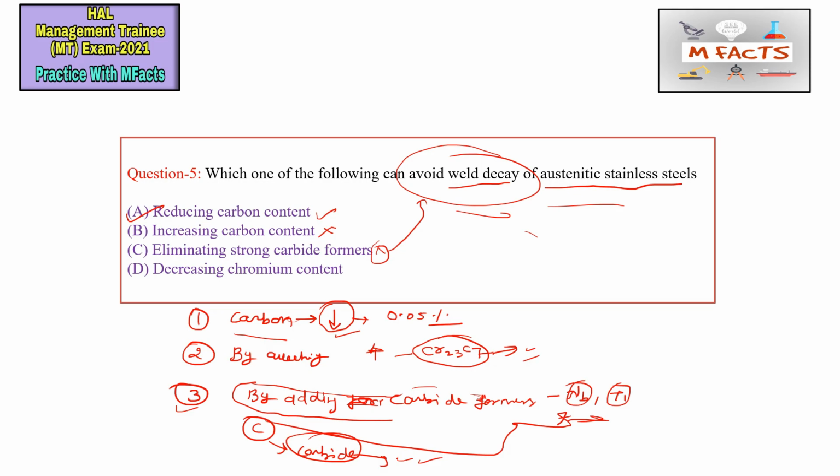Decreasing chromium content is also not correct, as we cannot decrease the chromium content in stainless steel below a certain level. So the correct option is A: reducing the carbon content can avoid weld decay of austenitic stainless steel.